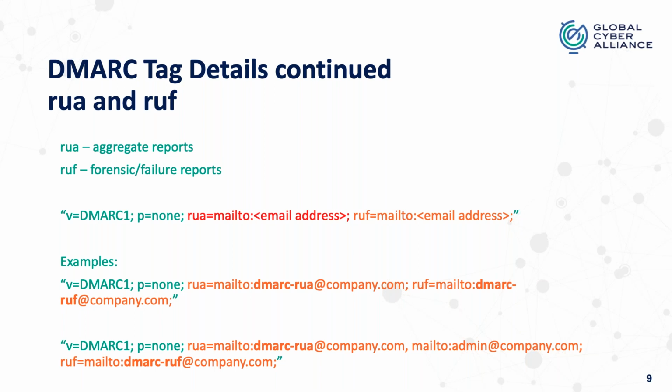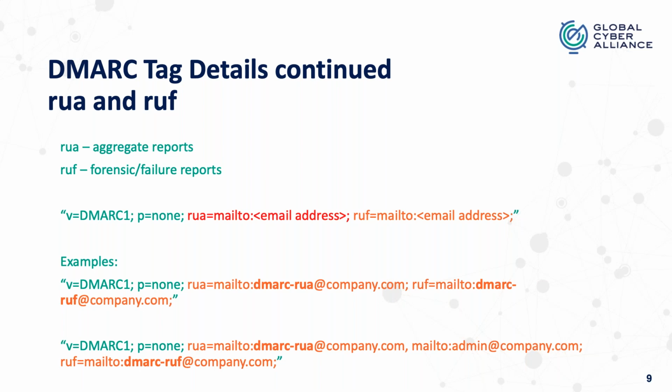So that aggregate report is going to have all that information. That's why, from our standpoint, we're saying that the RUA tag should be required. So you put in the RUA tag so you can get those reports, do the analysis, and then that way you have enough information to hopefully get you up to quarantine or reject. So by putting in the RUA tag, you put in RUA equals mailto: and then the email address that you want the receiving side to send the reports to.